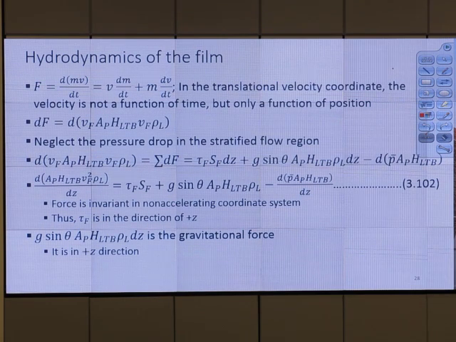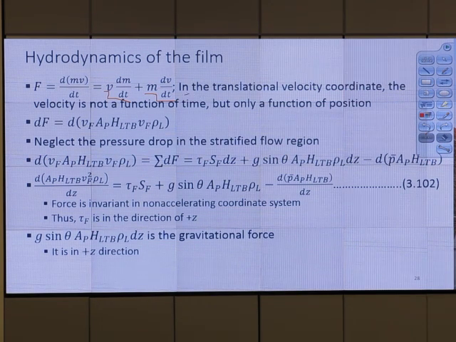Alright, now we want to get the film shape. To get the film shape, we use the same trick. Okay, use some kind of force balance. So we know that force is the change of momentum per unit time, d(mv)/dt. So we have v dm/dt plus m dv/dt. Okay, that is force.